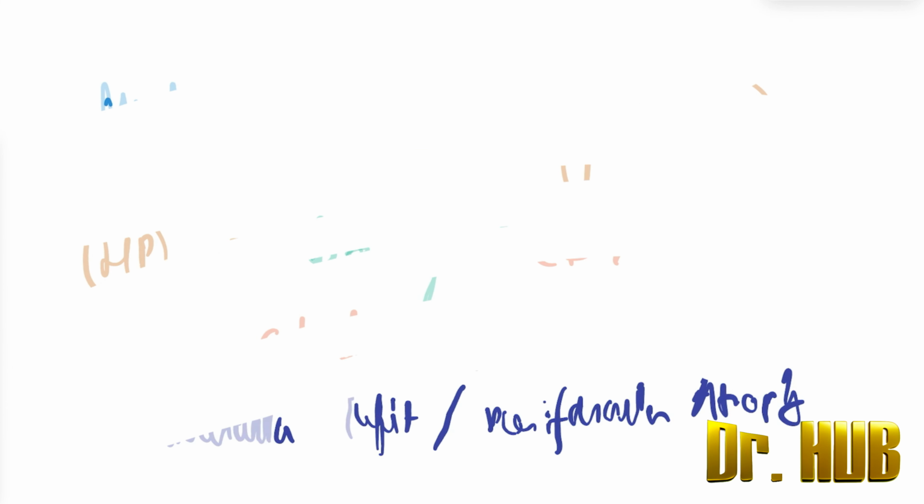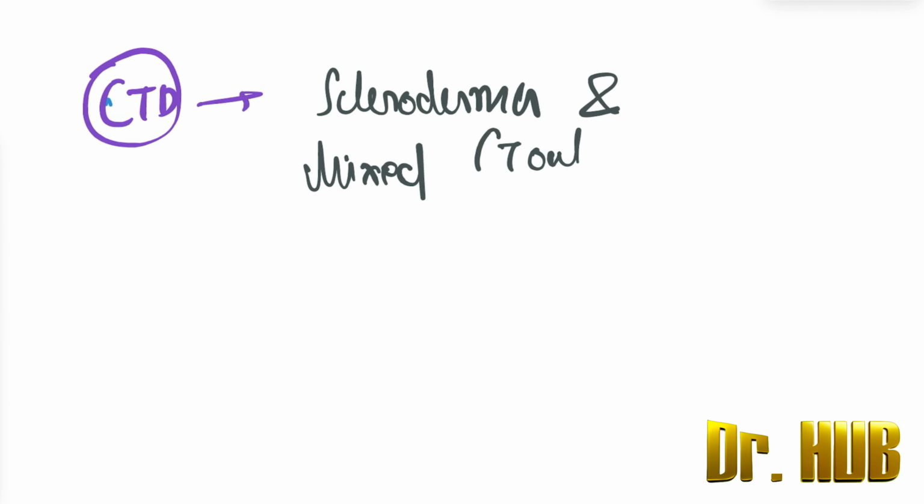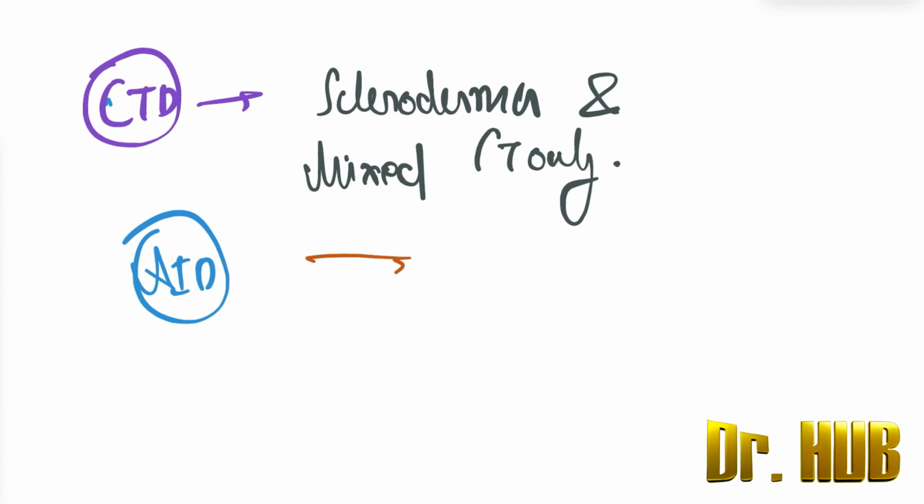What about the association with connective tissue diseases? In terms of association with CTD, that is connective tissue diseases, there is scleroderma and there is also mixed connective tissue disease. Then when you look at the association with other autoimmune diseases, it is infrequent.